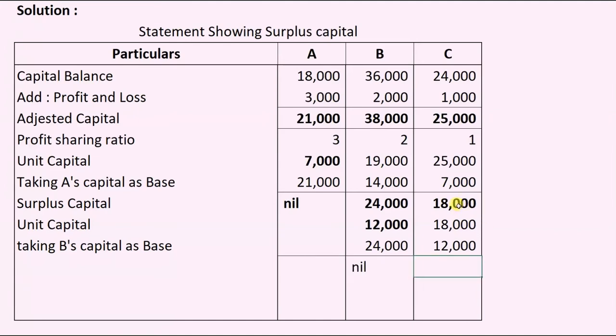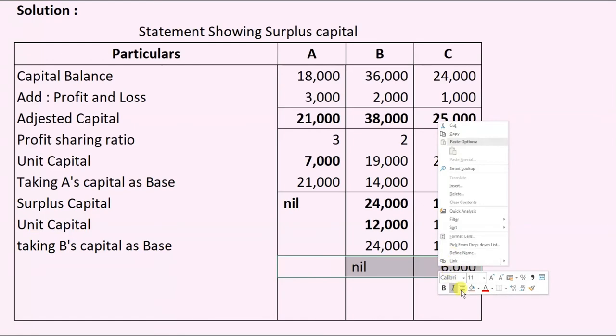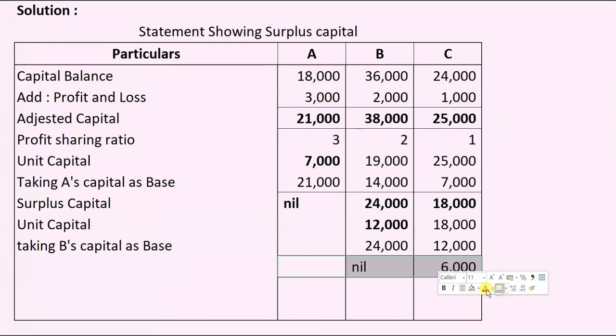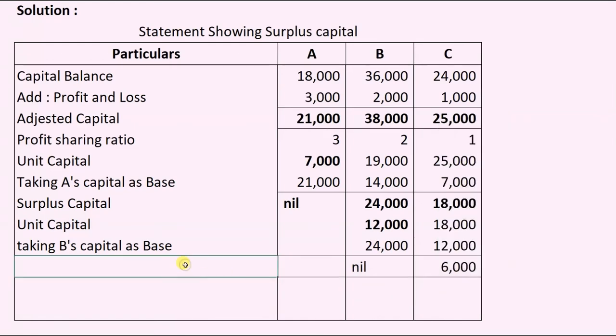Then 18,000 minus 12,000, balance rupees 6,000. So this is surplus and it is called absolute surplus.